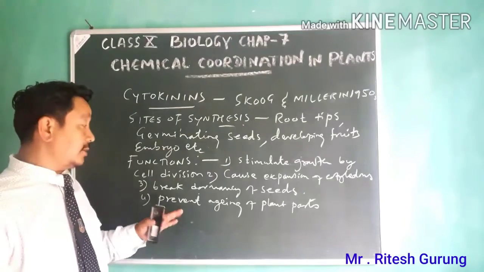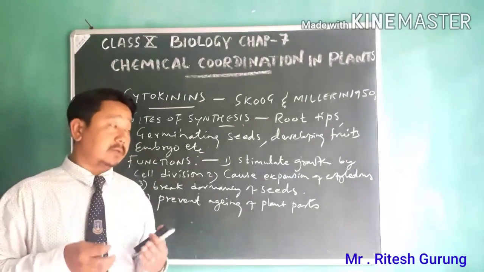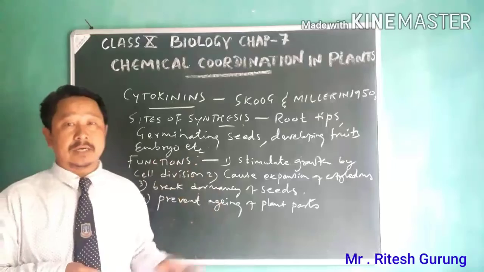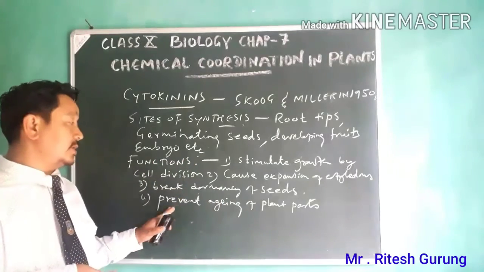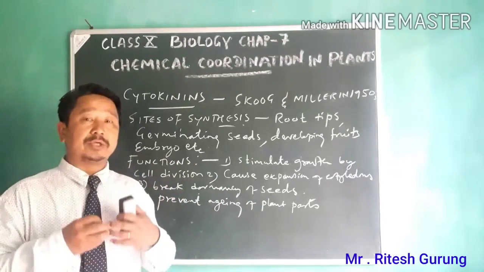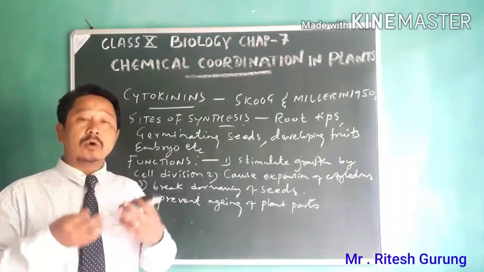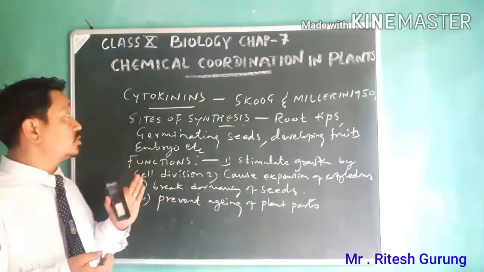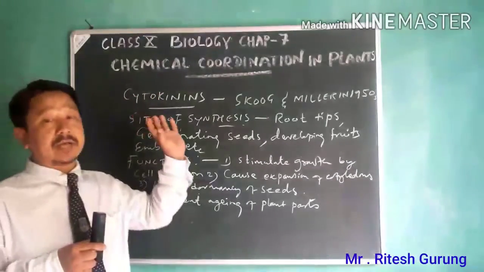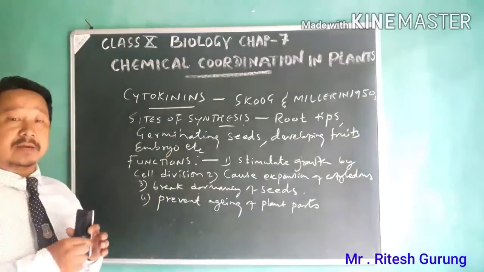That means if these hormones are not there, plant parts may mature a little early. They may get older fast, but it doesn't happen because there are cytokinins which prevent aging of plant parts.